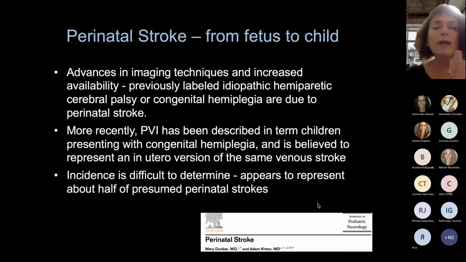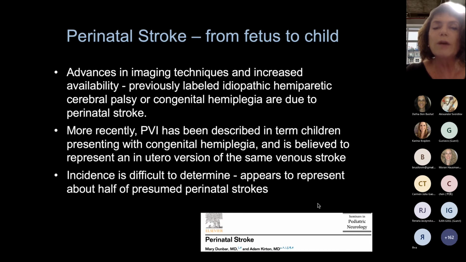Now, I actually wanted to get into this subject from a different perspective, with the help of the neurologist that I'm very lucky to work with, and Mohan will really talk about it. When we look into perinatal stroke, it has been defined very differently at different times.